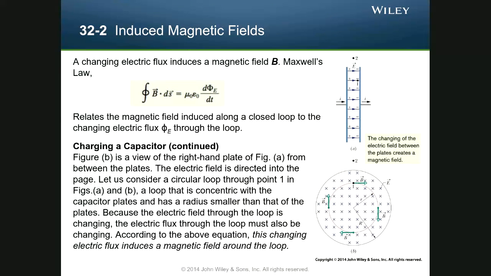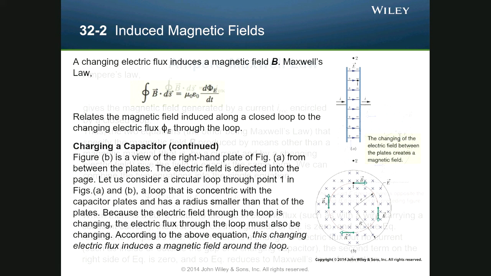And this insight came from Faraday's law, which is also a big 19th century discovery, which is that if changing magnetic fields lead to electric fields, then maybe a changing electric field will lead to a magnetic field.